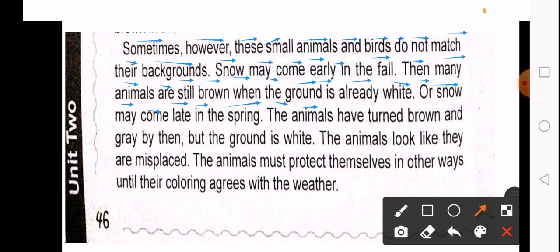The animals have turned brown and gray by then, but the ground is white. The animals look like they are misplaced. The animals must protect themselves in other ways until their coloring agrees with the weather.